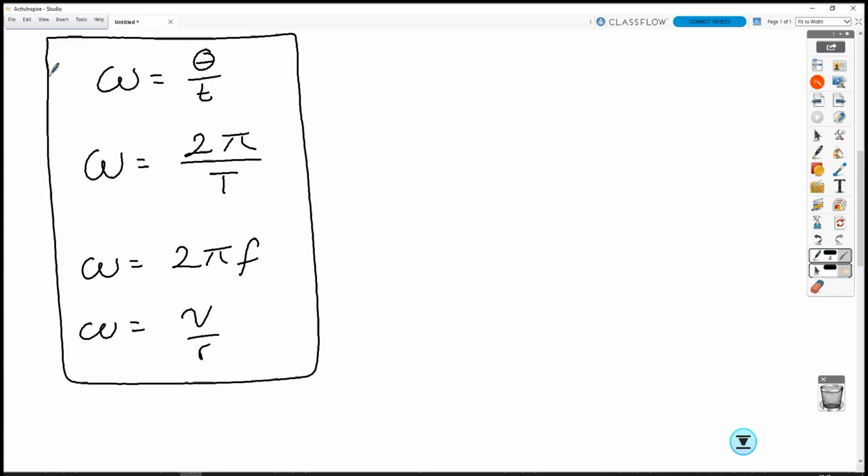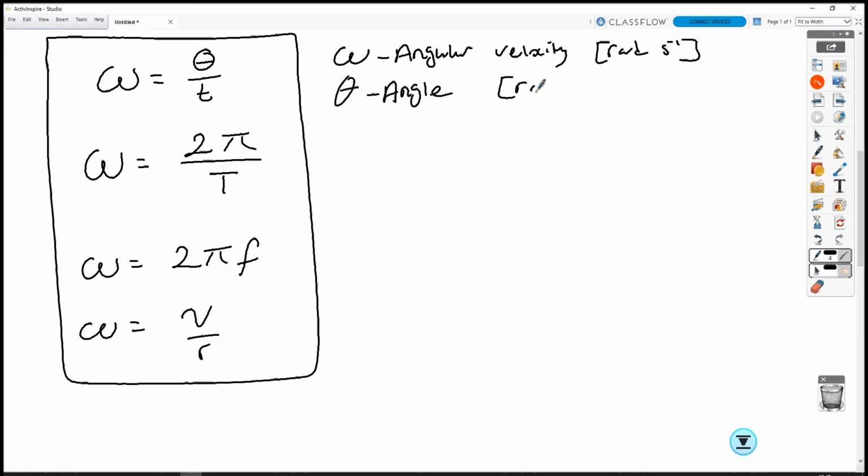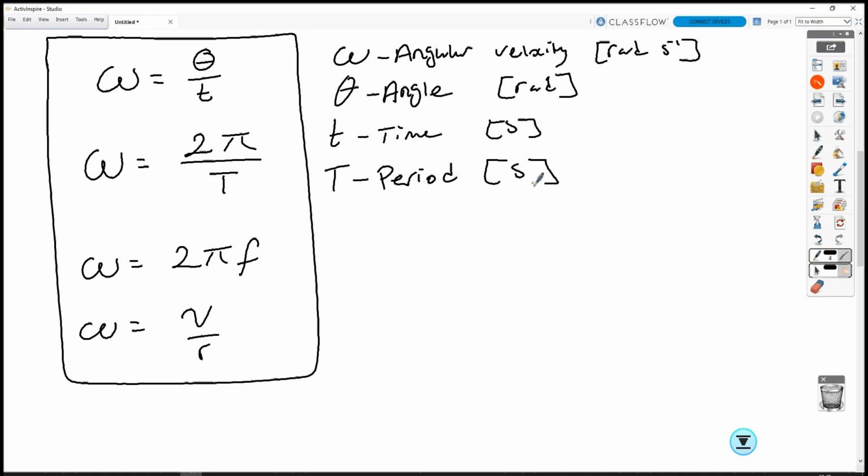We'll define these quickly. We've got omega, which is angular velocity, measured in radians per second. We've got theta, which is angle, measured in radians. We've got t, which is time, measured in seconds. We've got capital T, which is period, measured in seconds also.